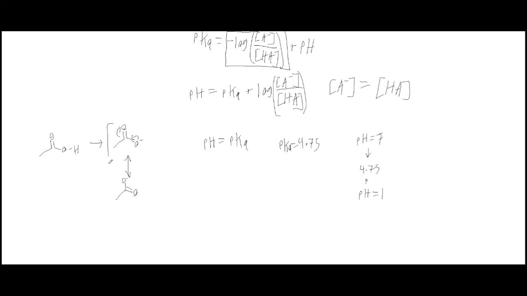And so the charge which destabilizes the molecule is stabilized somewhat by this resonance structure. And so that's why our acetic acid, also known as vinegar, has this lower pKa.